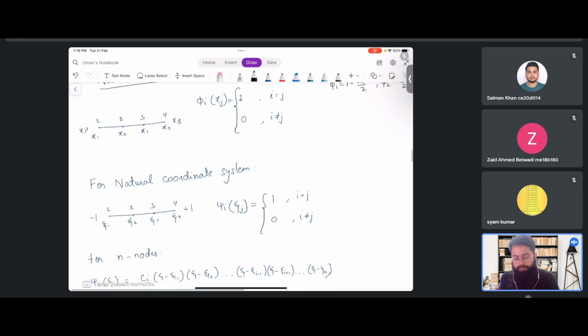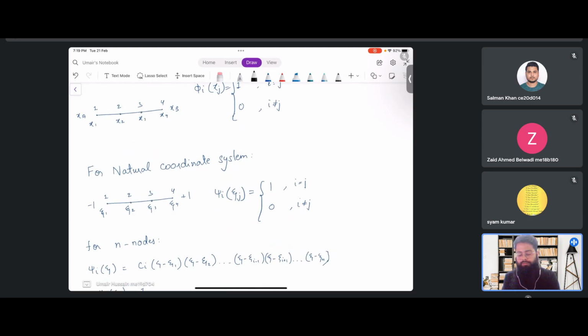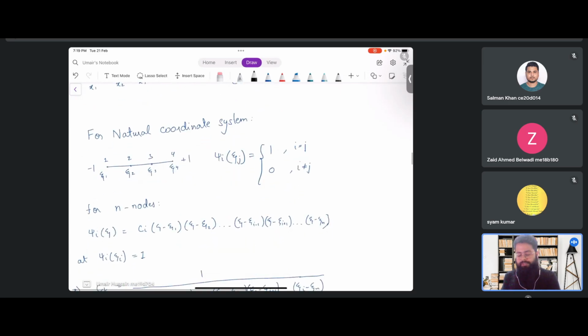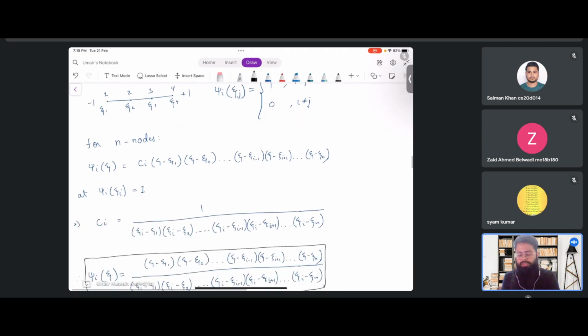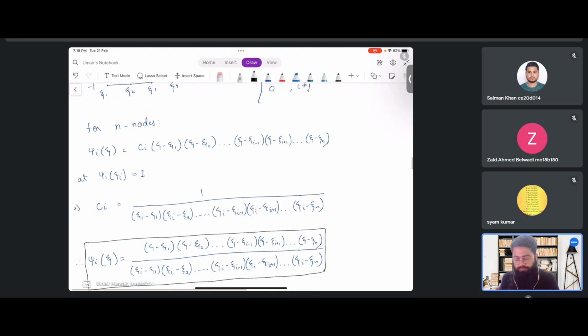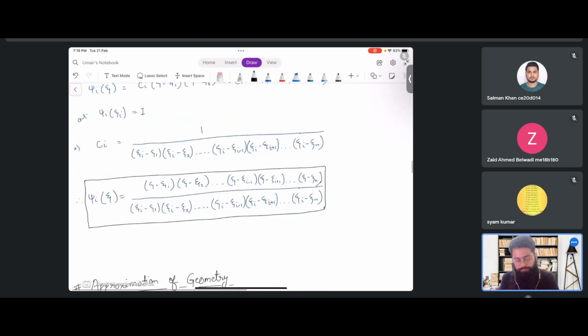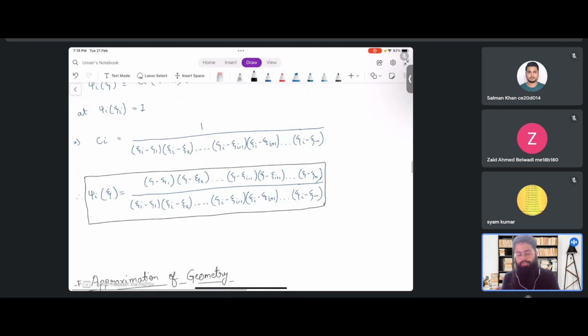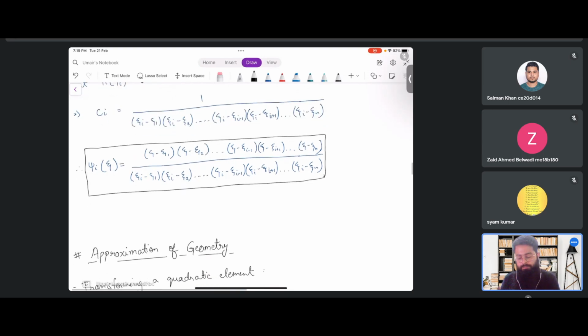In the lecture we generalized the interpolation function formula for n number of nodes. Using this formula, we can get the interpolation function for as many nodes as we want.